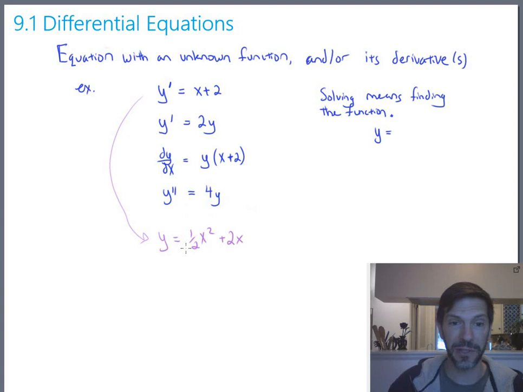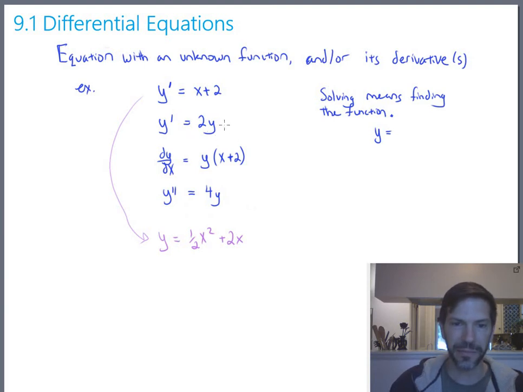So check that out, see if it works. Go back to the original differential equation and fill in any y's and y primes. In this case, what's y prime? y prime is x plus 2. And you're like, yeah, filling in y prime makes this equation equal.